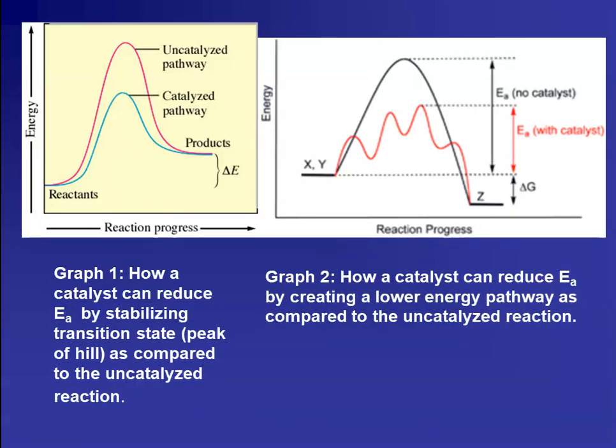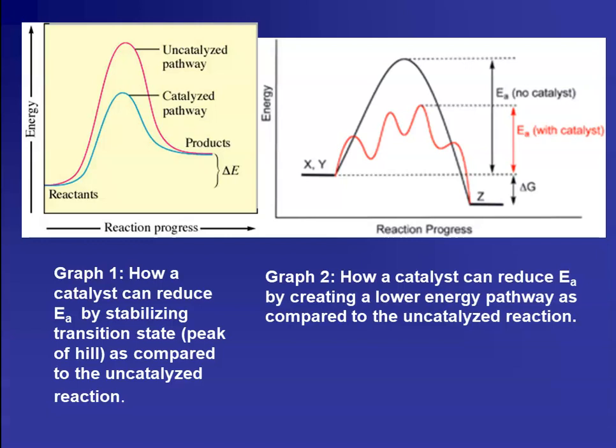So here are a couple of ways catalysts can influence your reaction rate. In this first graph, you see that you have a pink hill that is uncatalyzed, a pink pathway, and a blue pathway that is catalyzed. So by stabilizing the transition state, the catalyst requires less activation energy for that transition state to form, and therefore the reaction proceeds more quickly.